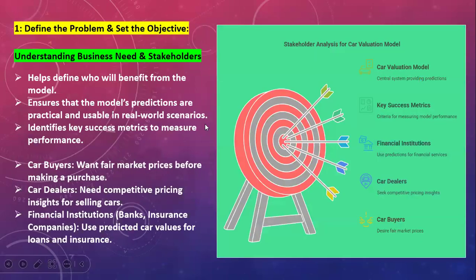So the first step is that we need to define the problem and set the objective. Here we are discussing a car price prediction model. First we need to understand the business need and the stakeholders involved: who will benefit from this model, and what kind of model predictions are practical and reusable in a real-world scenario for this car price prediction model.